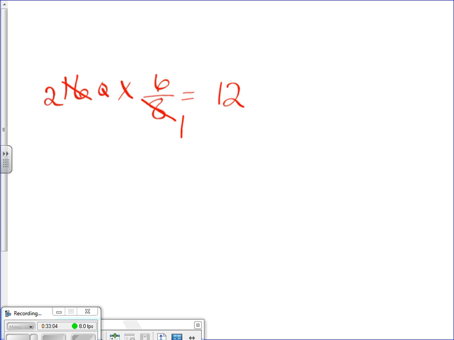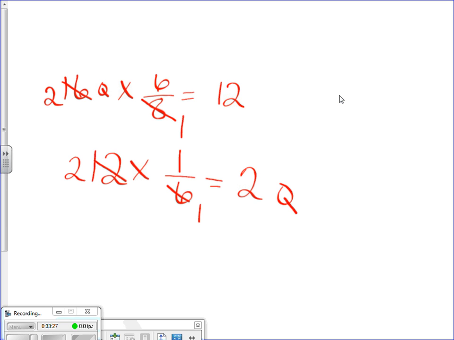So she had the 16 quarts, she used 6/8 of it. Then, this is what she has. She used 1/6 of it. Okay, you following me? This is what she had left over when she was done.